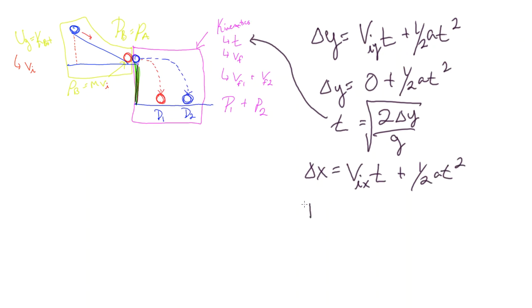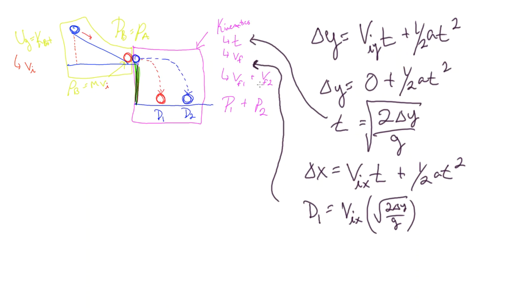So we'll call this d1 equals initial velocity in the x direction times time, which is the square root of 2 delta y over g. With that information, we can rearrange this whole situation to find initial velocity. I'm going to call this initial velocity of leaving this horizontal plane the final velocity, or the velocity after the collision.